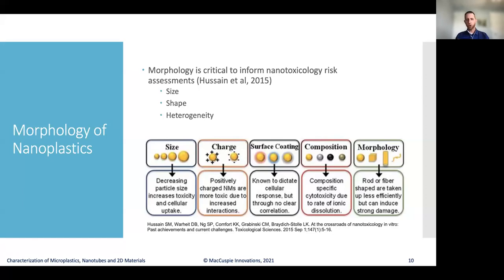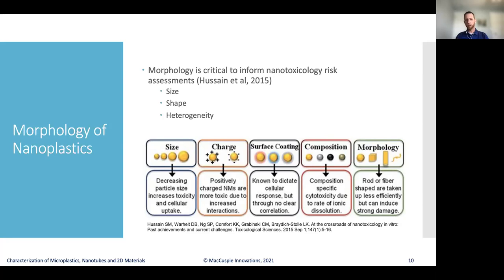The surface charge is important as well. In general, it looks like positively charged nanomaterials tend to be more toxic due to increased interactions. But if it's negatively charged or encapsulated with a neutral charge on that surface coating, it's important to understand what role that might play, especially as it might absorb other materials as it navigates through the environment.